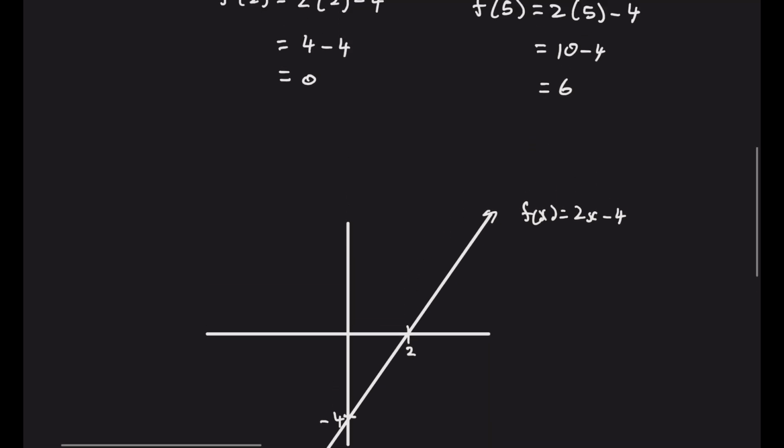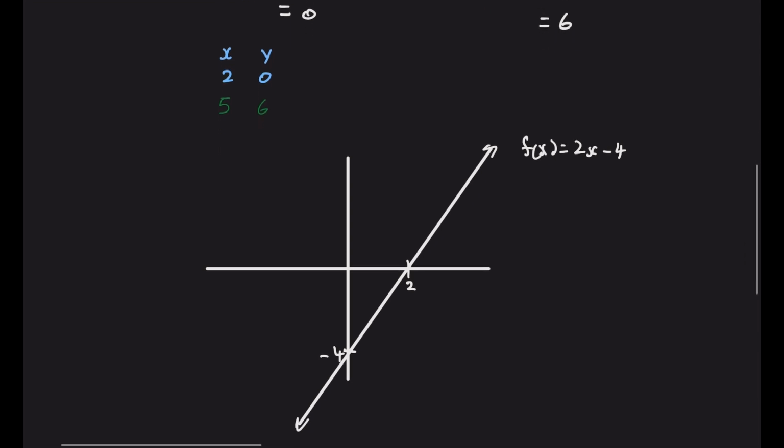And when we plugged in these numbers for f of 2, you're saying that when x is 2, the y value is 0. And then when you plugged in x as 5, you're saying that when x is 5, the y value is 6.